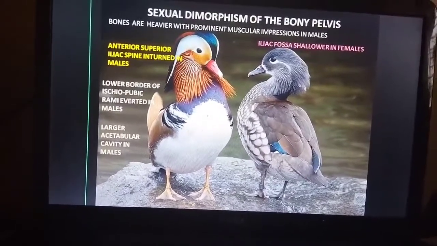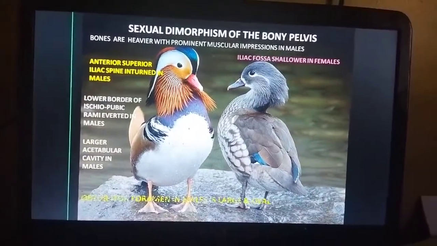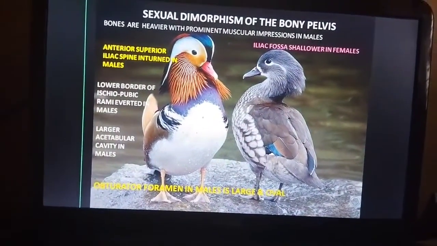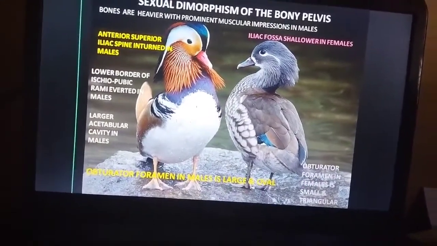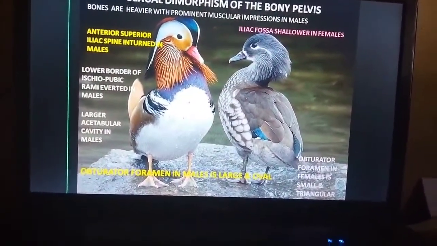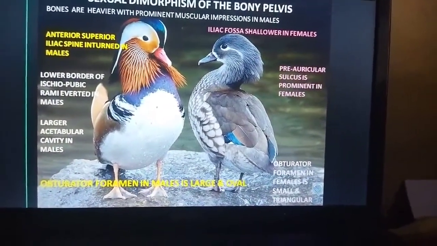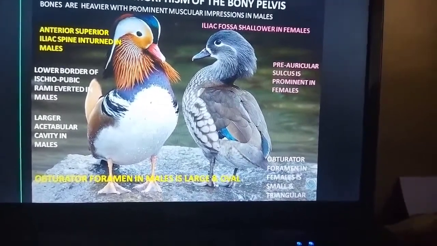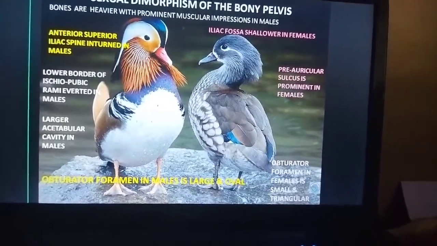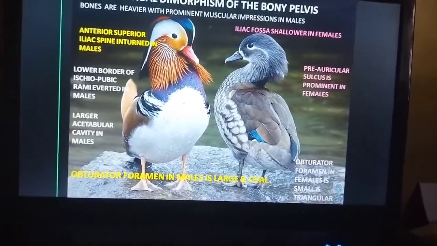Larger acetabular cavity in males. Obturator foramen is large and oval in males. In females, it's smaller and triangular. Preauricular sulcus is prominent in females. After childbirth, this preauricular sulcus becomes deeper.